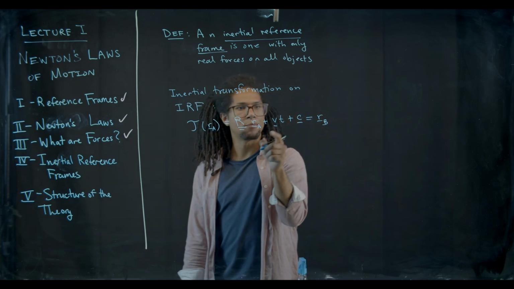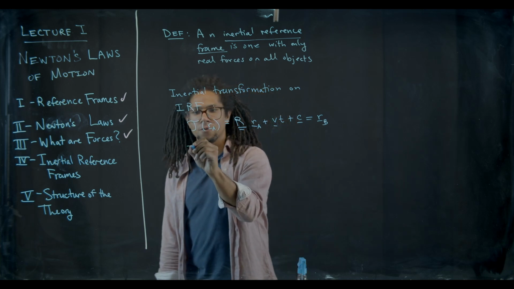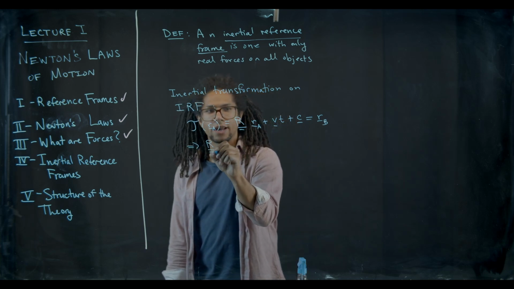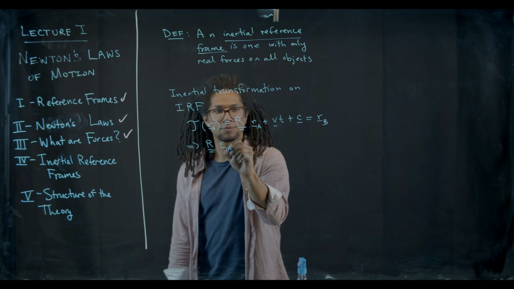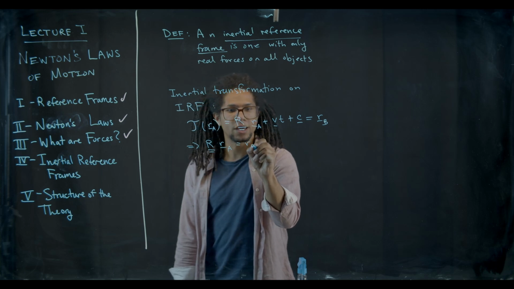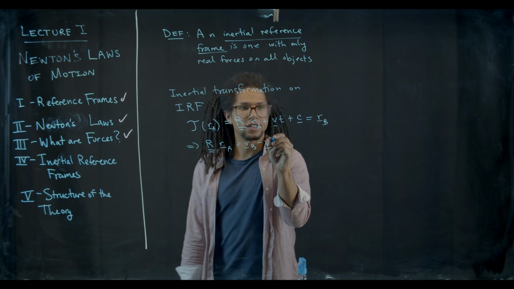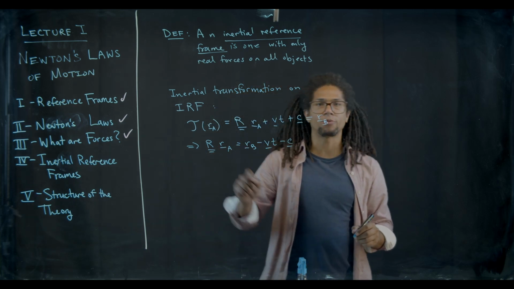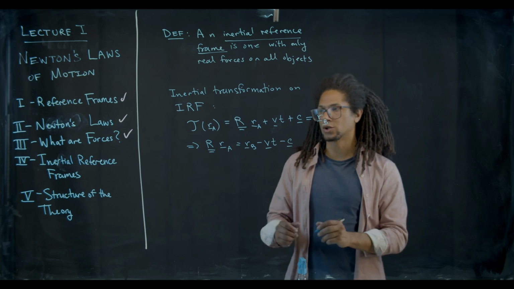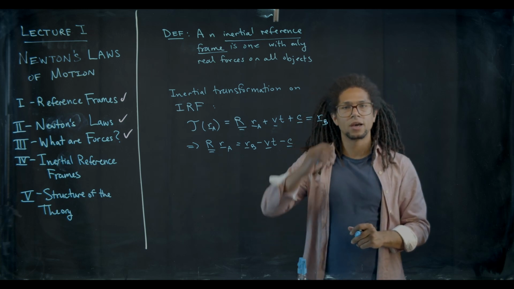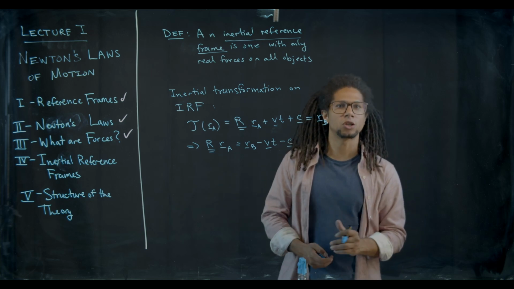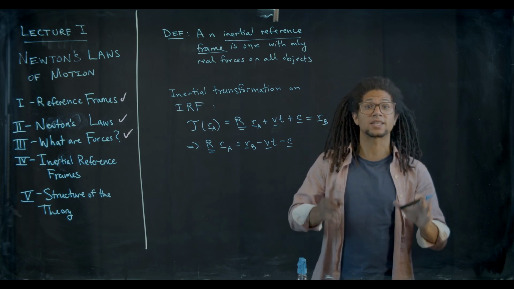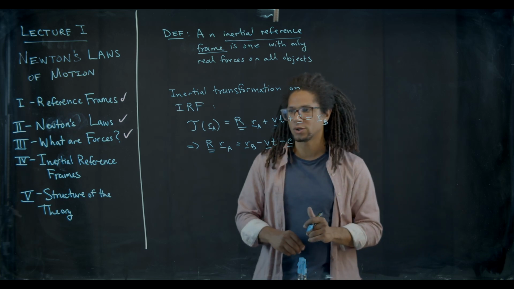Well, in one step, we can subtract a bunch of stuff over. So this tells us that matrix R times R_A is equal to R_B minus V T minus C. And now we need to multiply by the inverse of this rotation matrix on the left. Now you might wonder, do rotation matrices always have inverses? And in fact, they always do, so we're always okay.